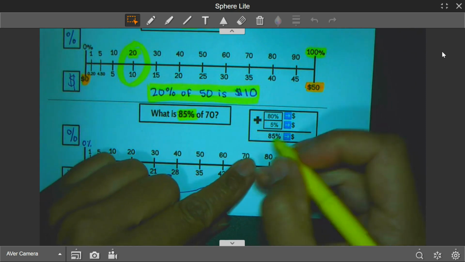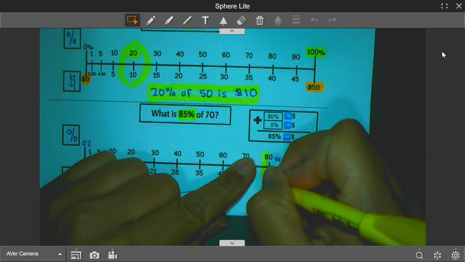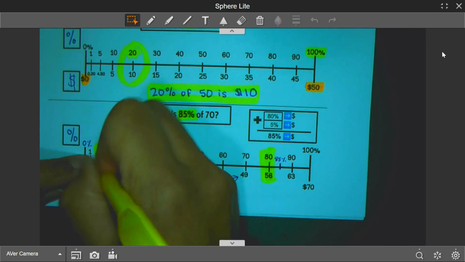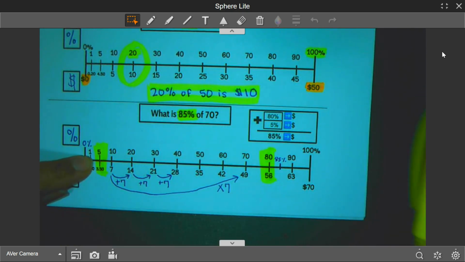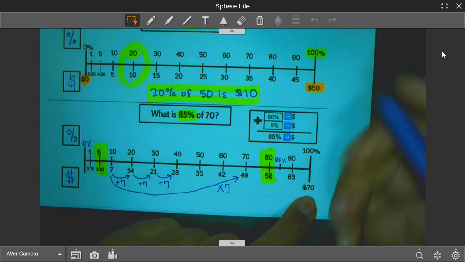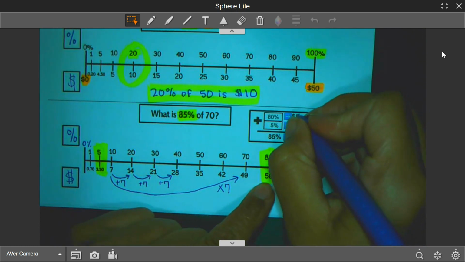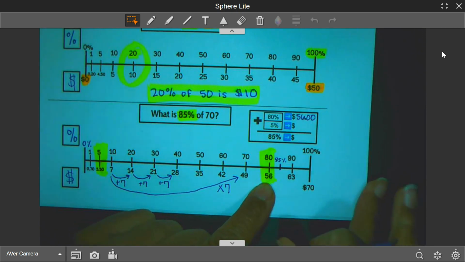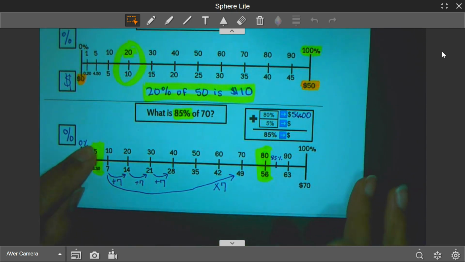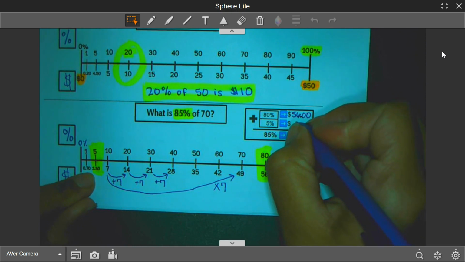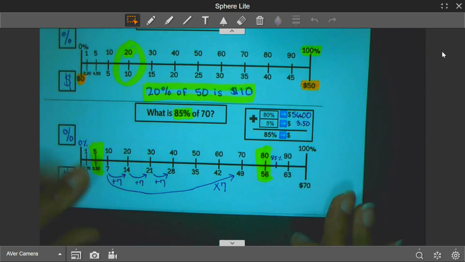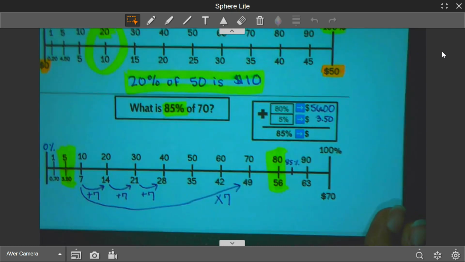So what we can do is put 80% and 5% together. So 80% of $70 is $56. And then 5% is $3.50. Make sure you line up the decimals.